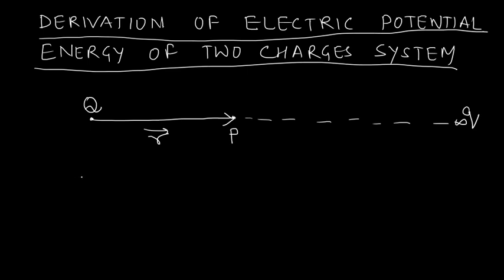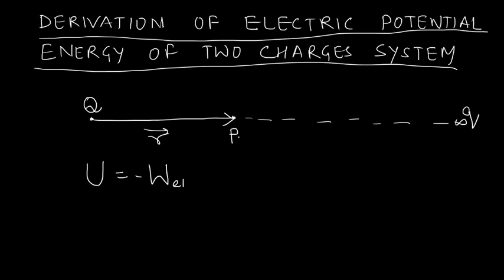What will be the amount of work done? Since electric potential energy is denoted by capital letter U, it is equal to the amount of work done by the electric field.